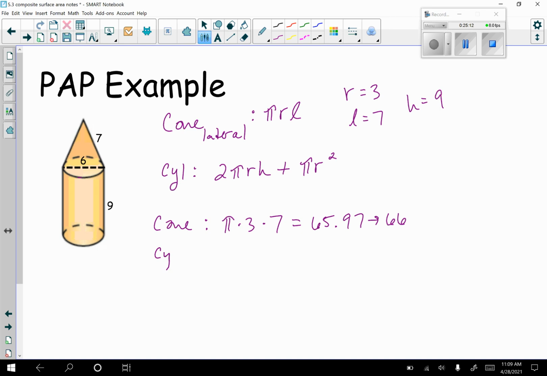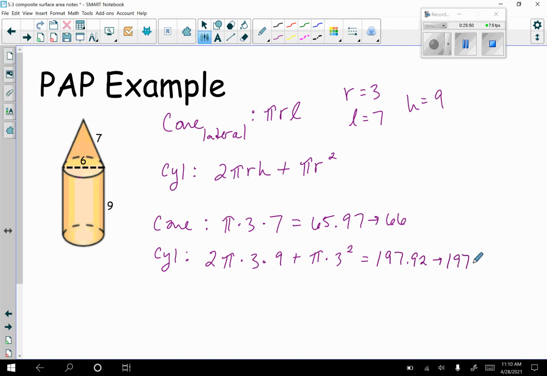And then my cylinder, I'm going to do 2 pi times, or my radius is 3, and then my height is 9, plus pi times 3 squared. And so we will type this in. Okay, 2 pi times 3 times 9 plus pi times 9, because that's 3 squared. Okay, we can press enter and we get 197.92.